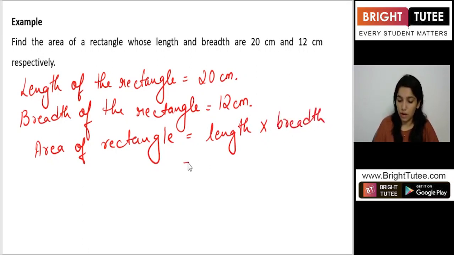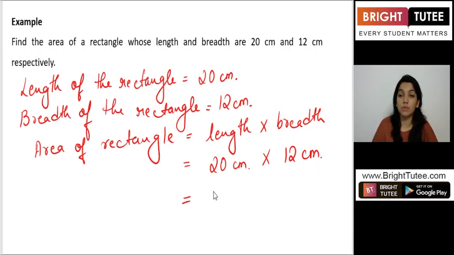Okay, now what is length given to us? It is 20 centimeters times 12 centimeters. Now look at this carefully. We are going to multiply it taking care of the units that are given, centimeter and centimeter. So 2 times 12 is 24.